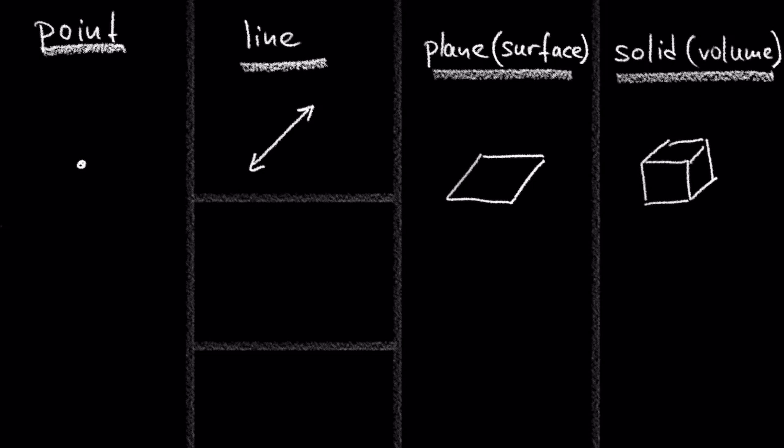By the way, a point has 0 dimensions, a line has 1, a plane has 2, and a solid has 3 dimensions.